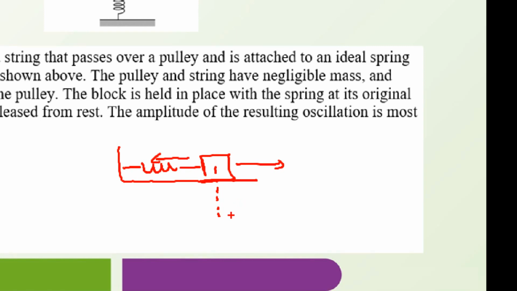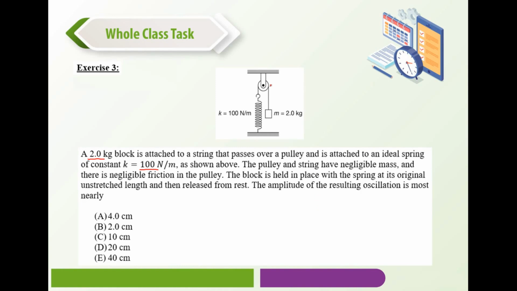The amplitude would be half the distance, and not the complete distance between the two extreme positions. So if you're asked about the amplitude, it is the distance from one extreme position to the equilibrium position. Now, why is this important?